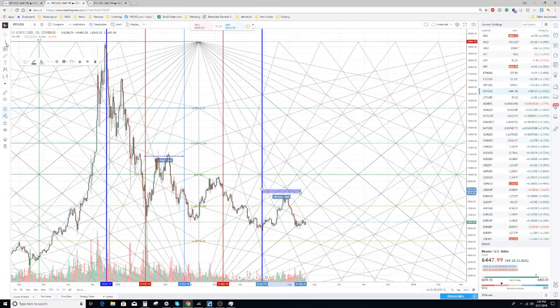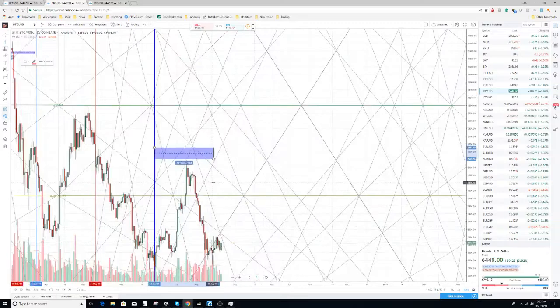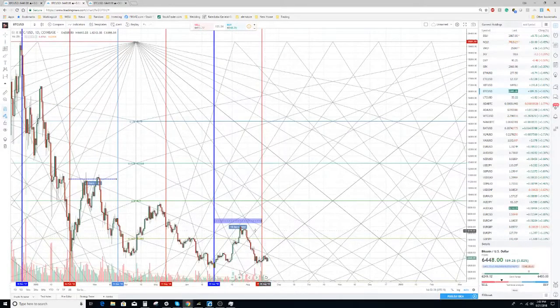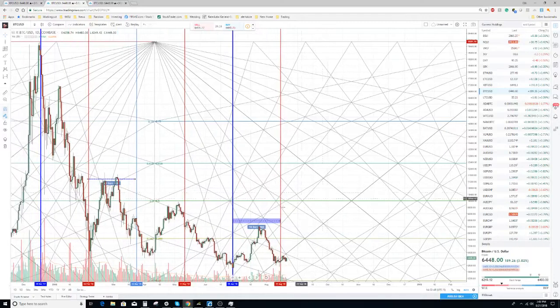Well, beam me up, Mr. Scotty. I'm going to say we reverse around here. What was the trend coming down to this red horizontal pivot in time? Down. I'm going to say we move back up.